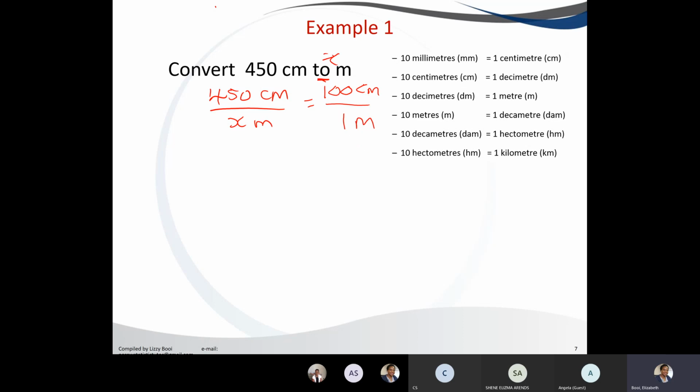Now, if I want to make X the subject of the formula, I'm going to cross multiply so that I can have my X on the other side.